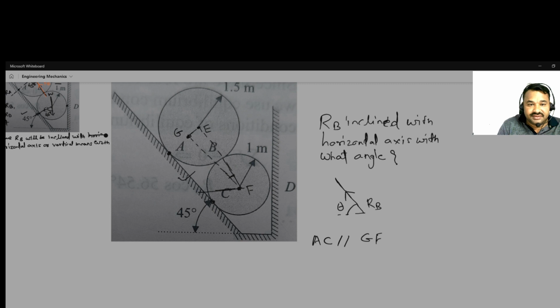GF is inclined at 45 degrees with the horizontal axis, which is very obvious.